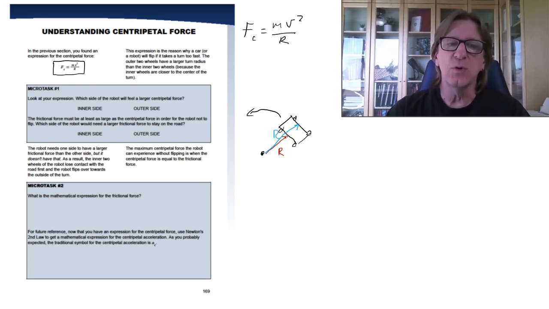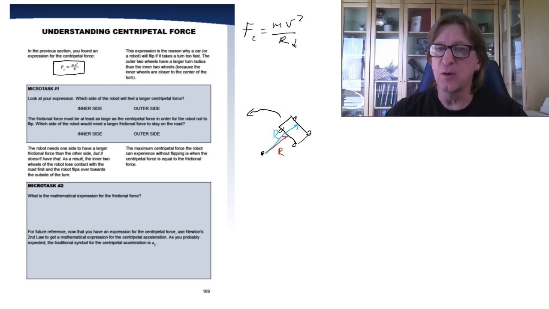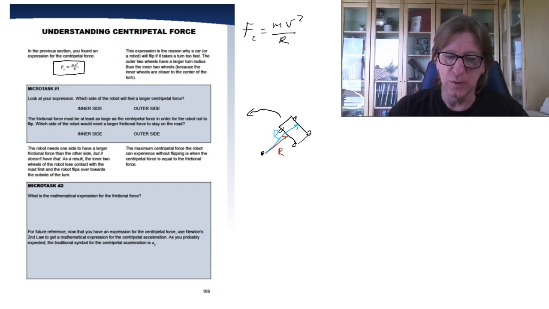Which side of the robot is going to feel a larger centripetal force? Think about it. So the inner wheels have a shorter r than the outer wheels. So as the radius goes down, what's going to happen to the centripetal force? It's going to go up, inversely proportional. And by the same token, if the r goes up, the force is going to go down.